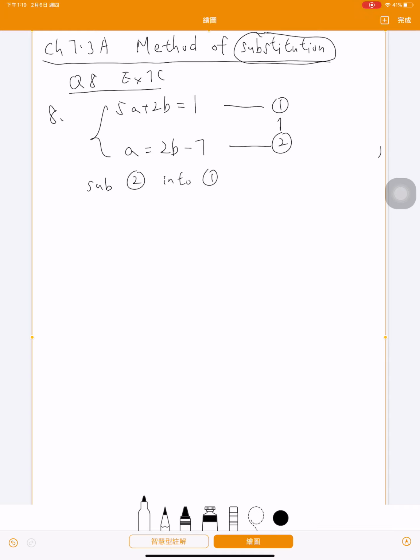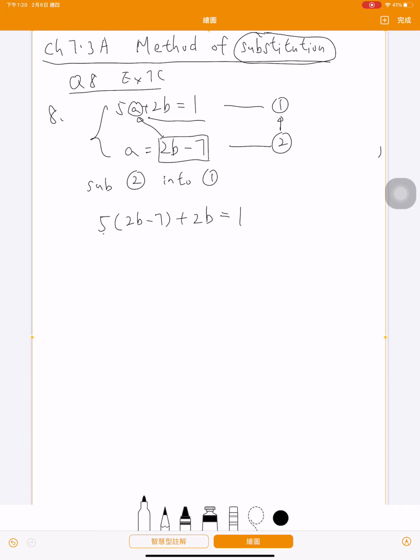For the a in equation 1, we substitute this one. That means 5 times, remember the a becomes 2b minus 7, we should add the brackets. This one is the a, right? And for the rest of the numbers, just copy down, plus 2b is equal to 1.